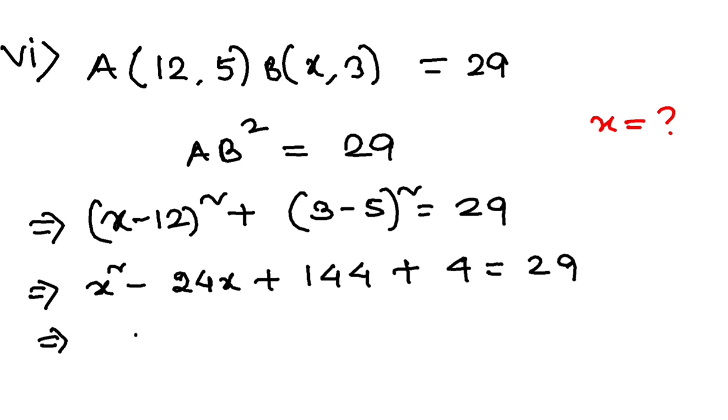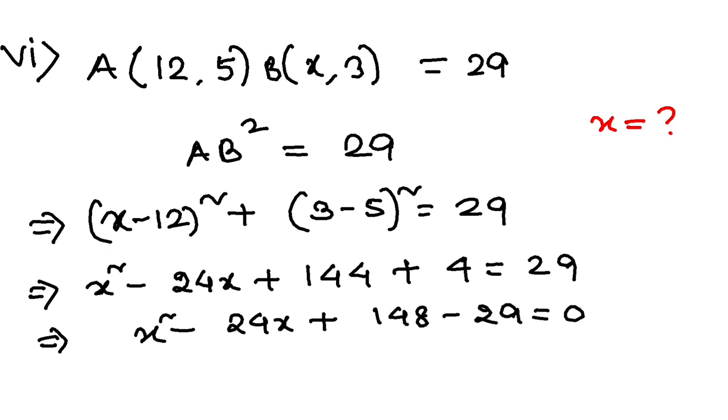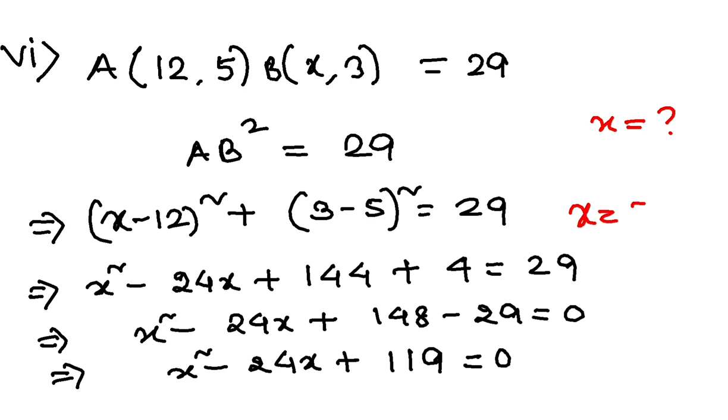And this will give us x square minus 24x plus 148 minus 29 equal to 0. And that will give us x square minus 24x plus, if you subtract, you will get 119, right, equal to 0. Now you have to middle term factorize this one and find the factors, then simplify. Your final answers that you should get is x equal to 7 and 17.